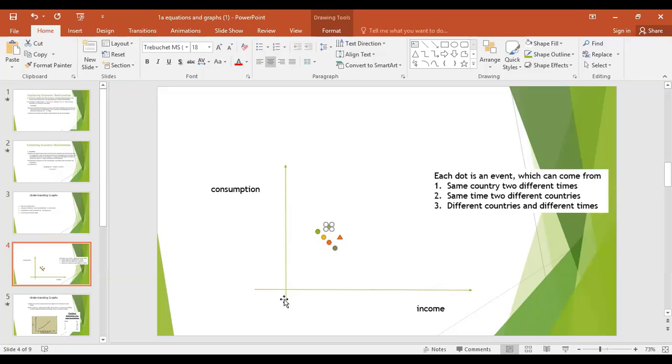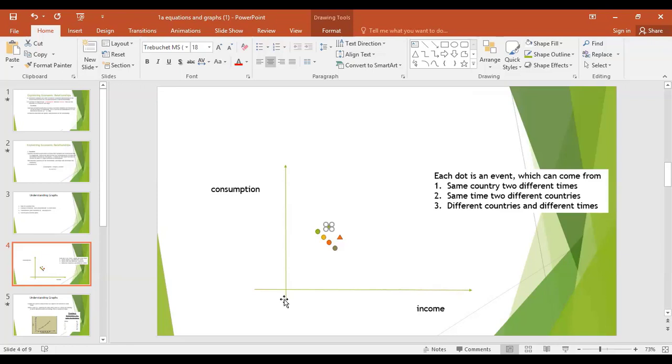Okay? And these dots are actually events. Event. Anything that happened which has two properties, consumption and income. Okay, so these events can be of three types. It can be all dots are from the same country but different times.